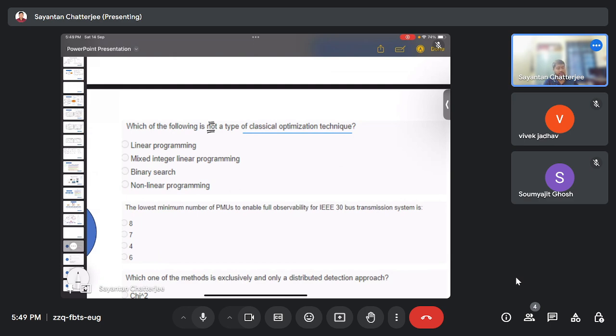You can write it in the chat box, or you can speak up and give the answer. Any guesses?